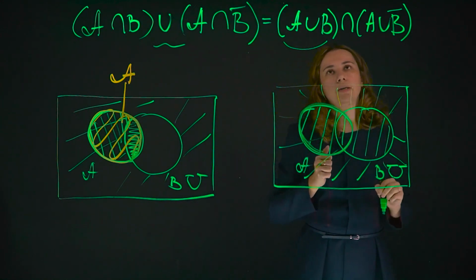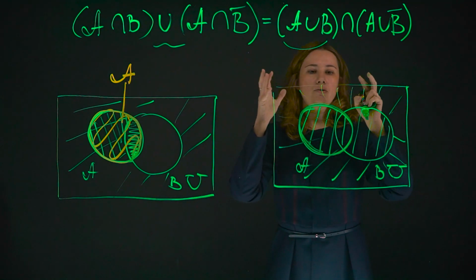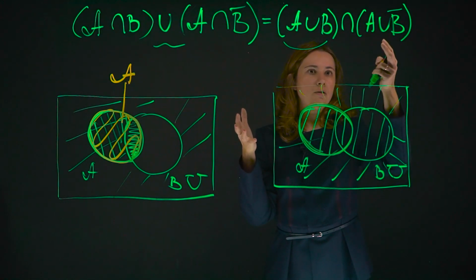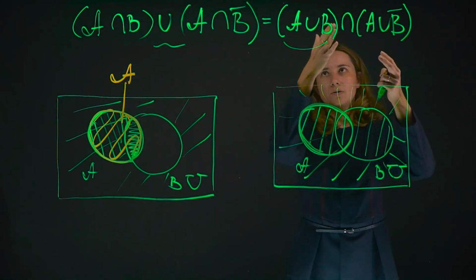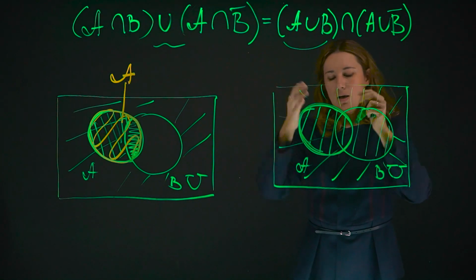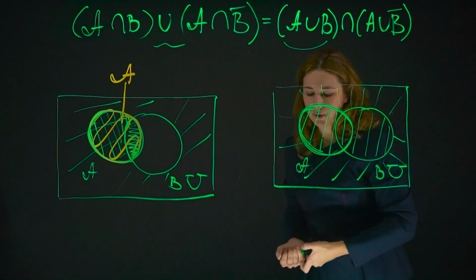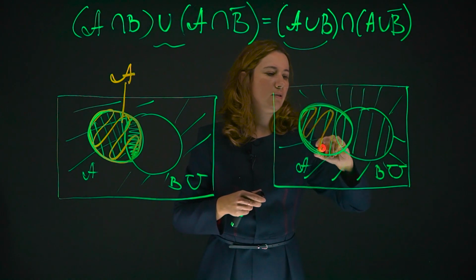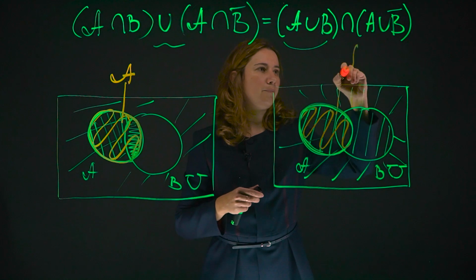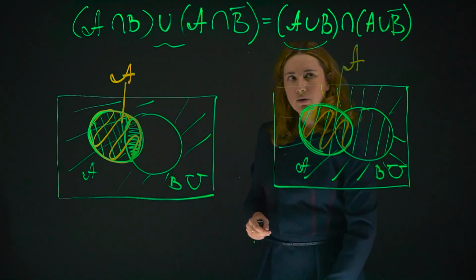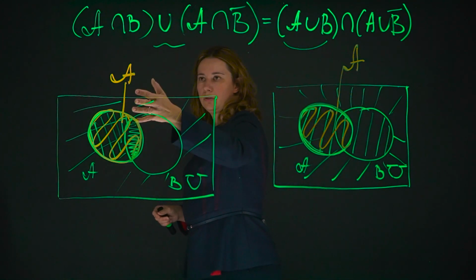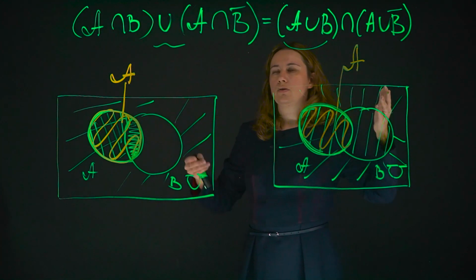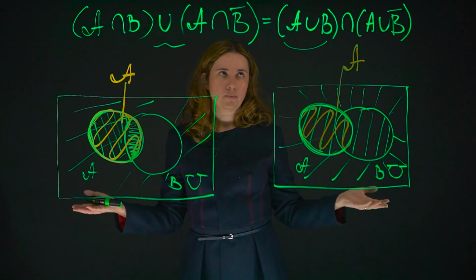And finally, we need to take the intersection. This operation and this result. And finally, we will have the same. We will have this set A. And look at this. Here we have A, and here we have A as well. So this identity is true.